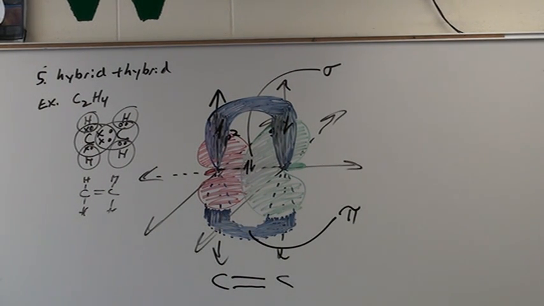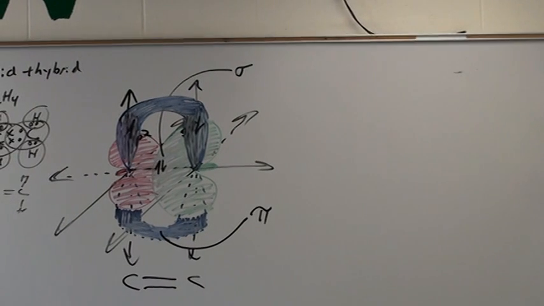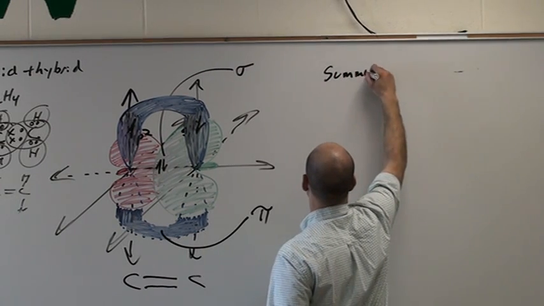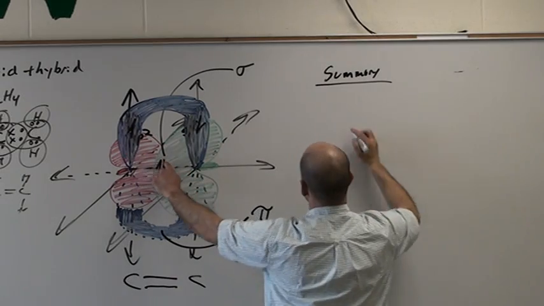So, an overlap of p orbitals is called a pi bond. Okay? So, in summary, a double bond has sp2 hybridization.